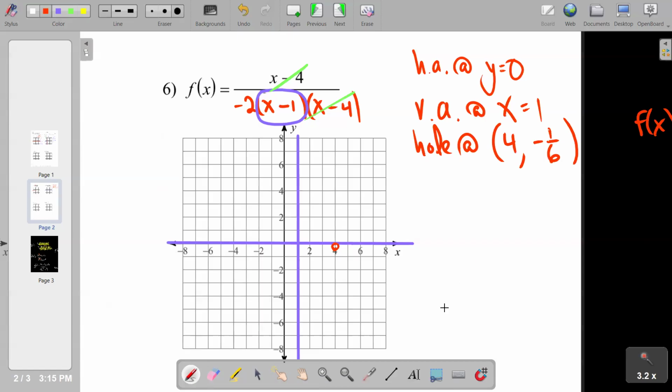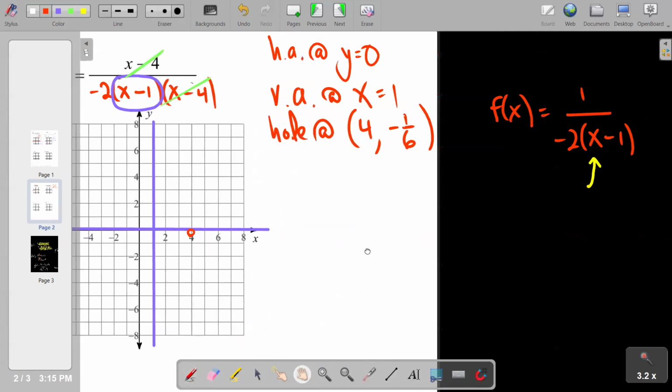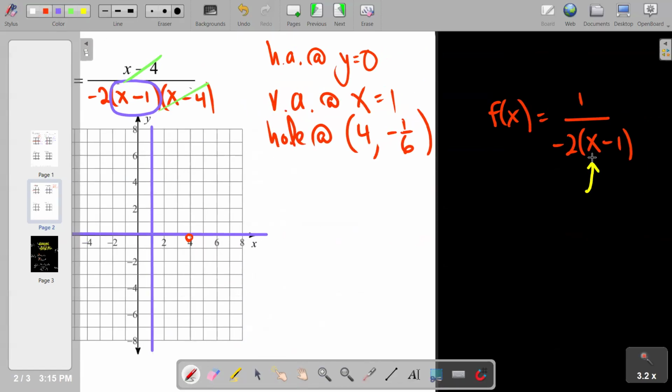So let's put 3 into the function. If you put 3 where the yellow arrow is pointing, what's 3 minus 1? 2. And what's -2 times 2? -4, and 1 over -4 is -1/4. So what I'm trying to do is give myself more points so that I have more stuff that I can connect.